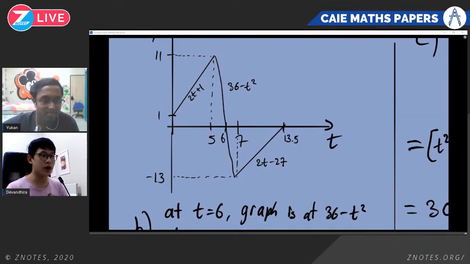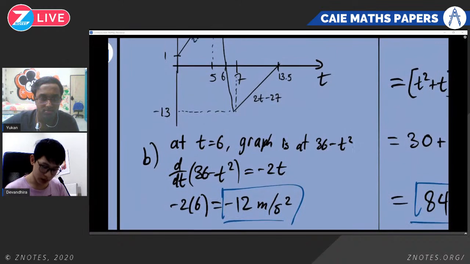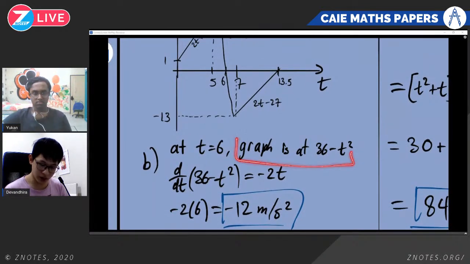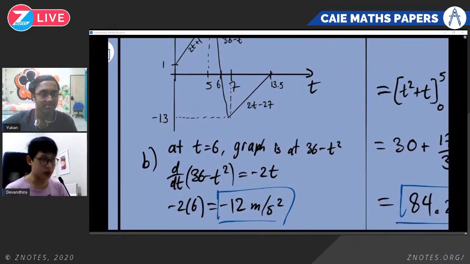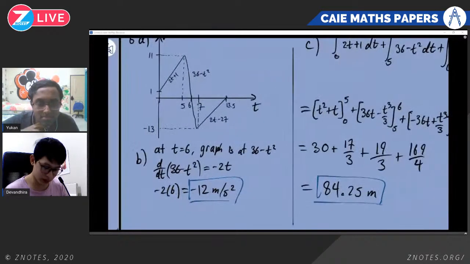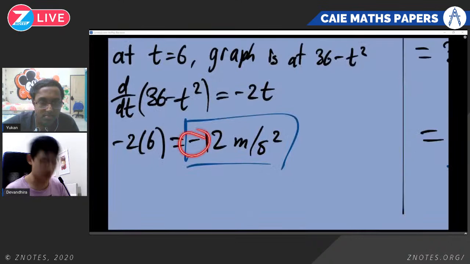Differentiating the velocity gives us the acceleration. Since the graph used is 36 minus t squared, we can differentiate that. We get negative 2t. Putting t is equal to 6, we have negative 2 times 6, that's negative 12. Agree? Mm-hmm. So it's just negative 12 meters per second squared. And because it's asking for acceleration, don't forget to put the negative here.